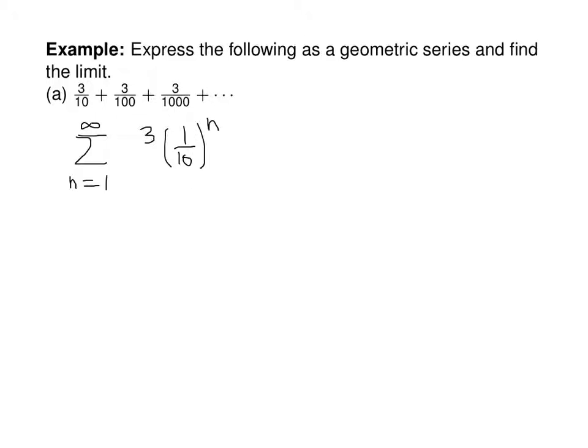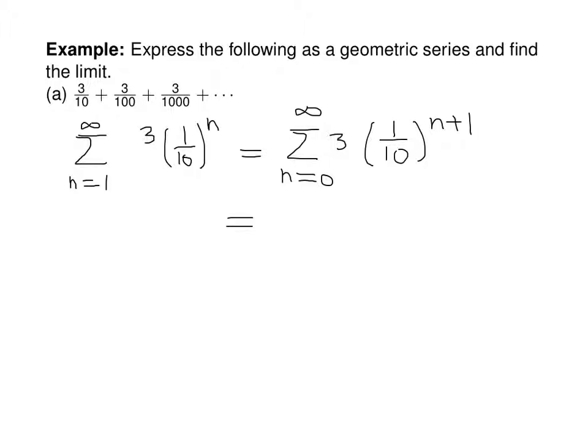When we plug in 1, we'll have 3 over 10. Plug in 2, we get 3 times 1 over 10 squared, which is 1 over 100. Alright, so now the question is how do we change that so that the sum begins at 0? So if I change this to n equals 0 to infinity, I have to change my exponent to n plus 1.